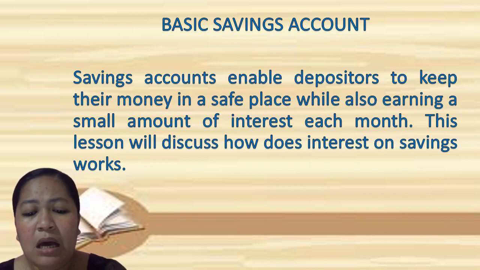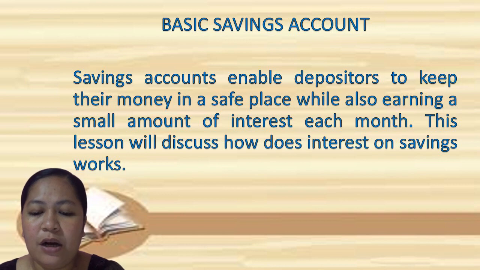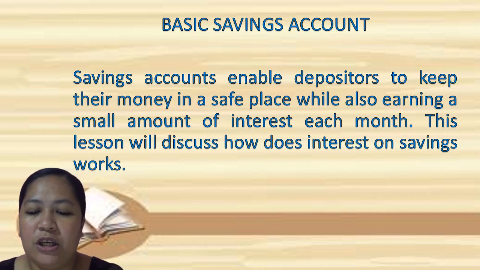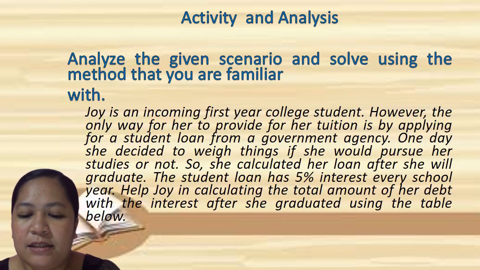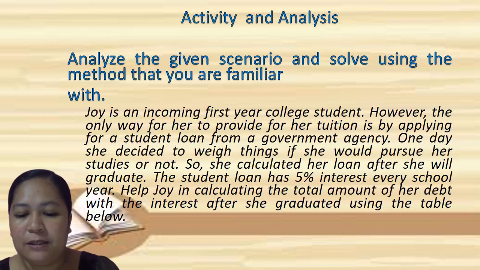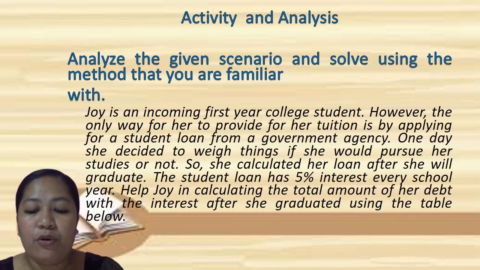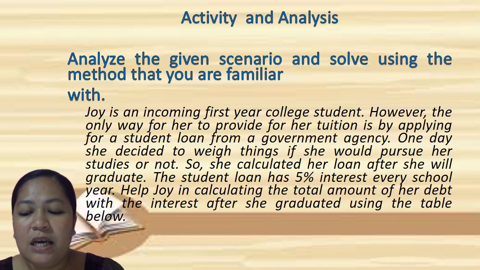Now, I have here an example, a scenario that you need to analyze. Joy is an incoming first year college student. However, the only way for her to provide for her tuition is by applying for a student loan from a government agency.